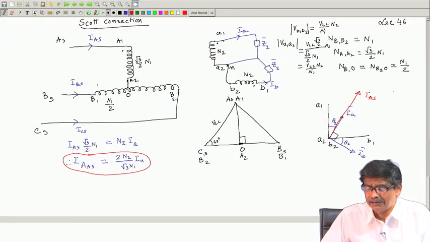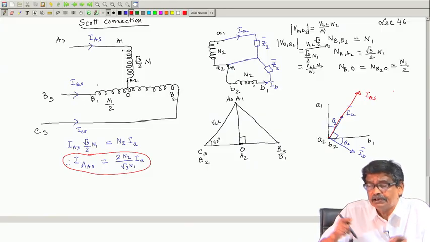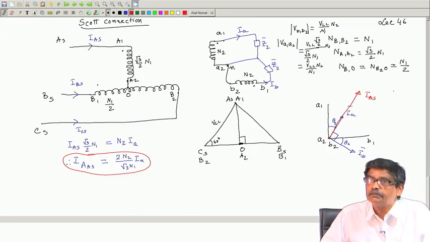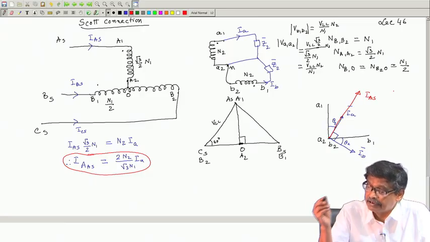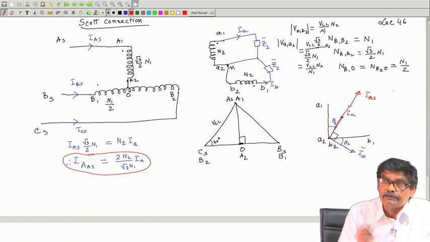Be it a single phase, 3 phase, or 2 phase, individually the secondary and primary coil relationships must be maintained, that is, there will be a reflected current and so on. So, this will be your I A S. So, I A S is known.